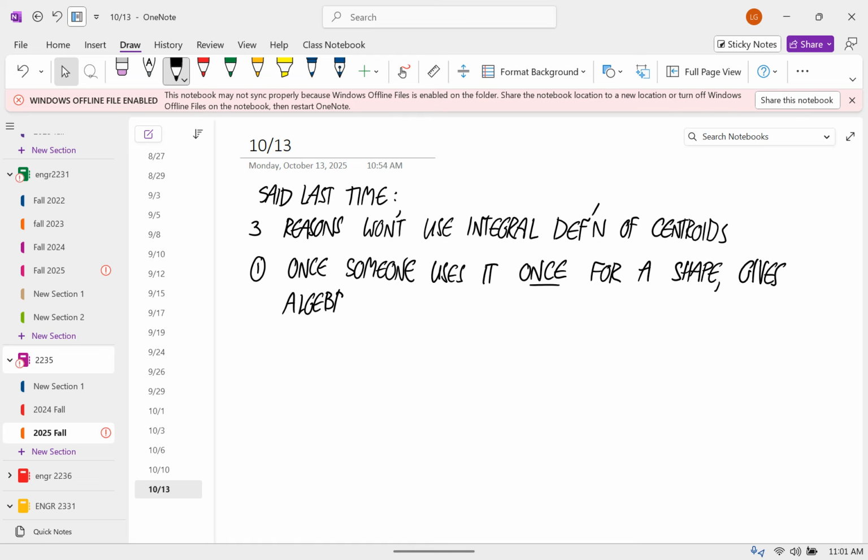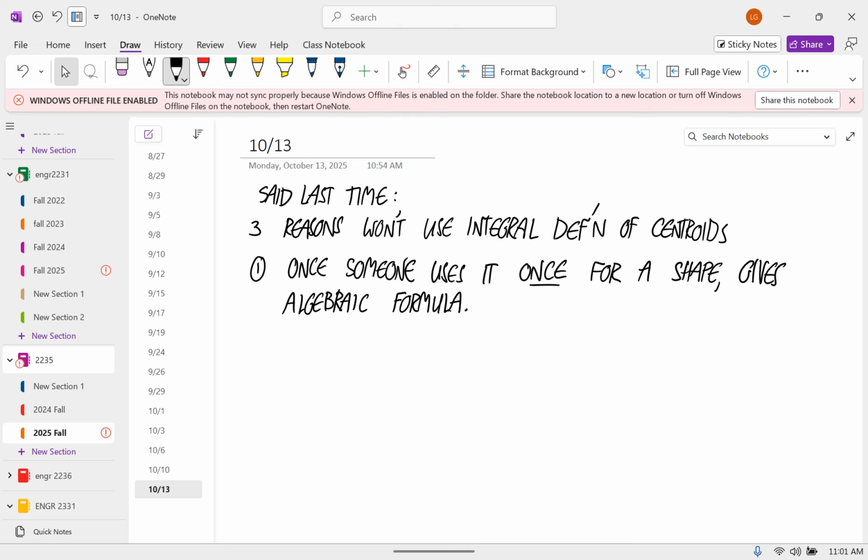So as long as somebody's ever done the shape that you're trying to do and you have the ability to find it, you can just use the algebraic formula. And last time, I think at the end of class, I gave you the list of the 3 or 4 shapes that we're going to use.